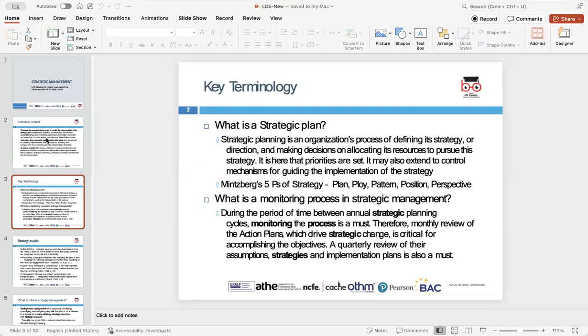What is a strategic plan? What is the monitoring process in strategic management? A strategic plan is an organization's roadmap for defining its strategy or direction. It involves making decisions on how to allocate resources in order to pursue the defined strategy.